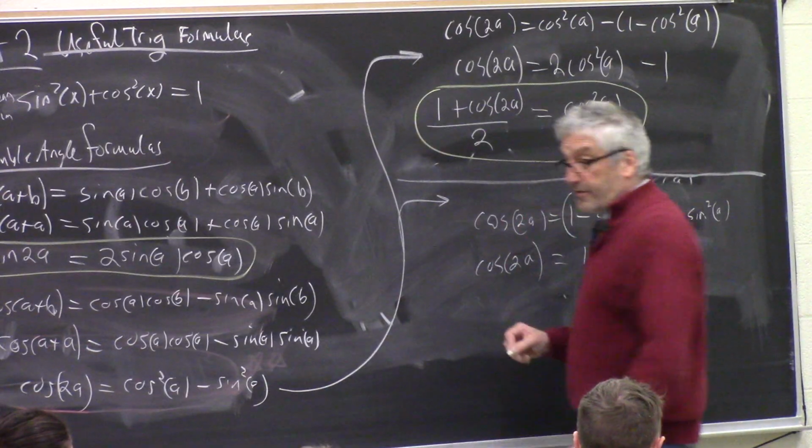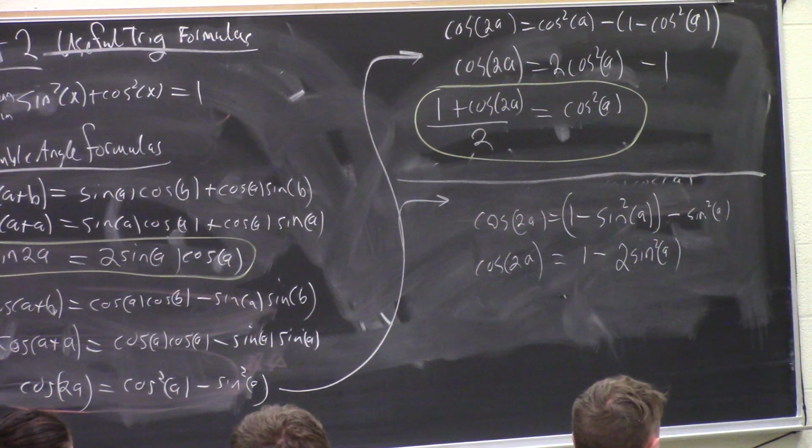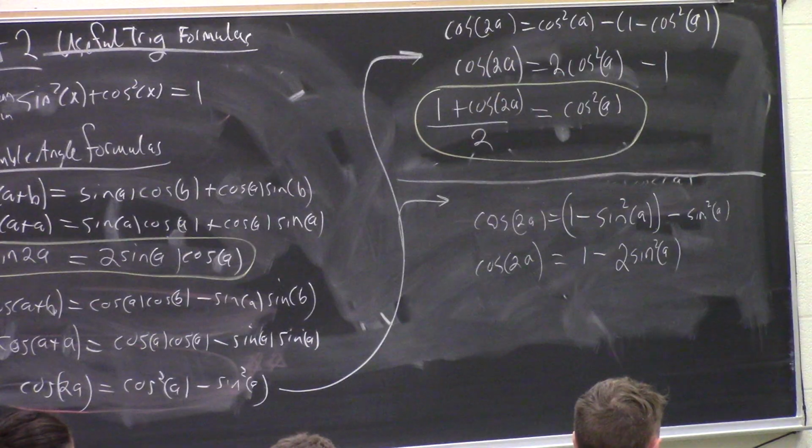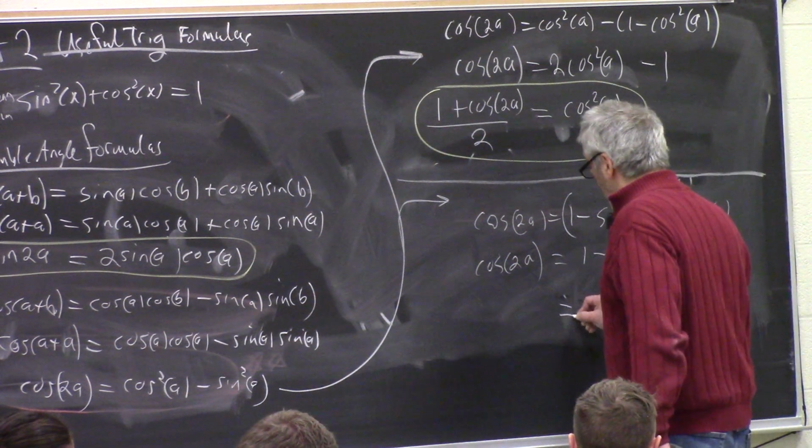Now I'm going to describe verbally what I'm going to do, but I'm not going to write down all the steps. If you want to see this, you can go back and watch the video. I'm going to subtract 1 from both sides, so I'll have cos 2A minus 1 equaling minus sine squared A. And then I'm going to divide by minus 2, and that's going to reverse the order of the terms on the left side.